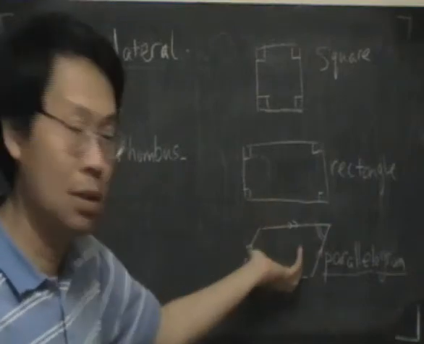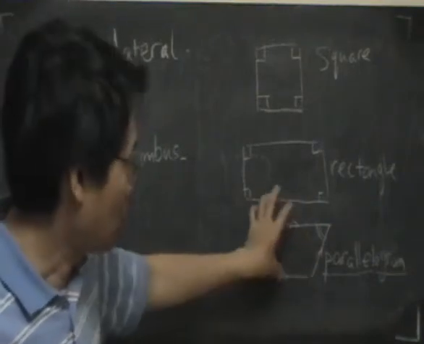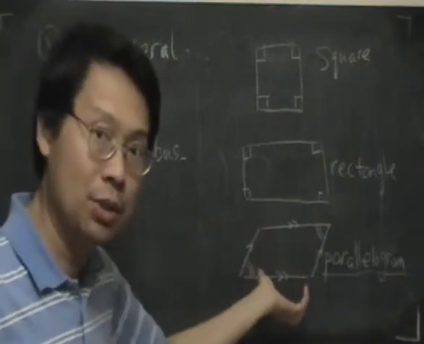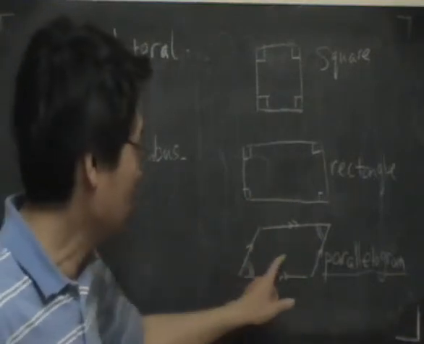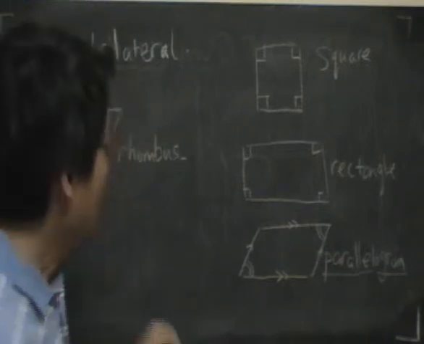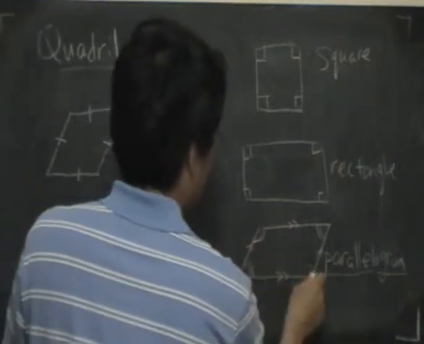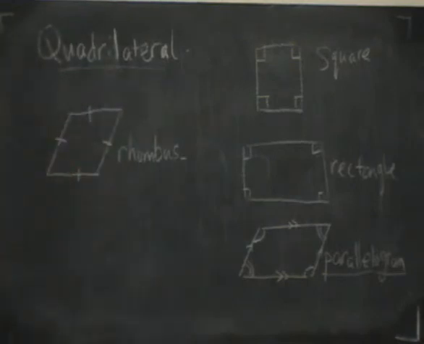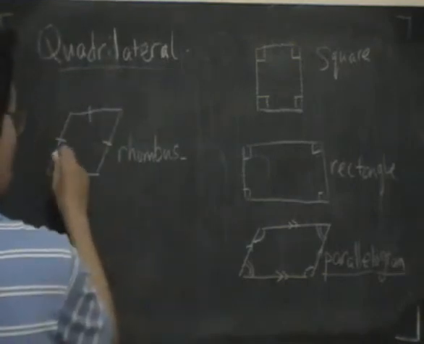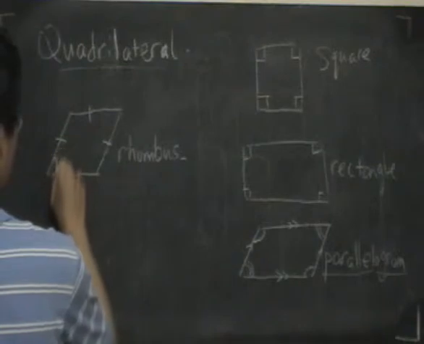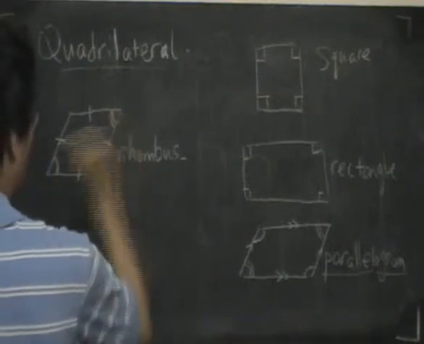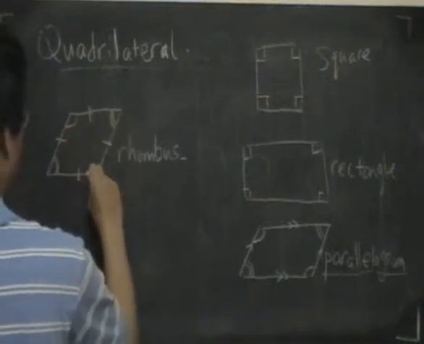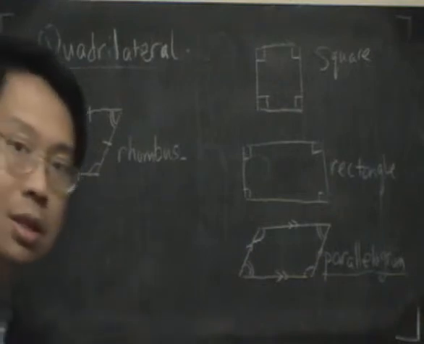If you rotate it 180 degrees, this angle fits into that angle. So that angle is also equal to that angle. So the opposite angles are equal. And likewise, the rhombus also has opposite angles equal.